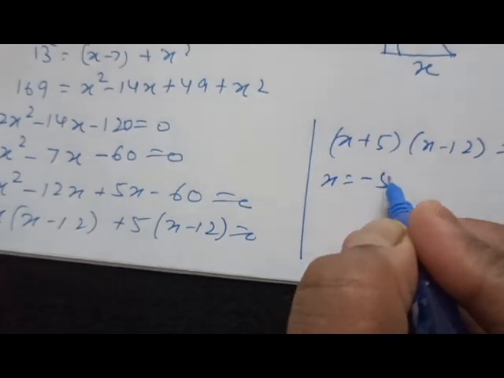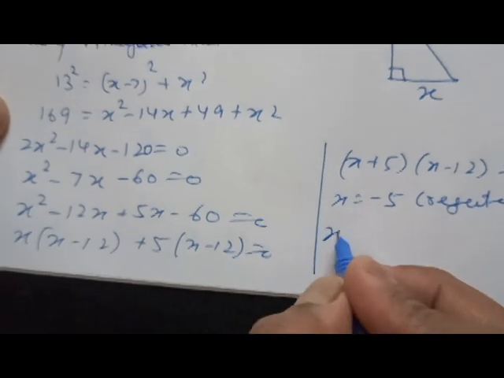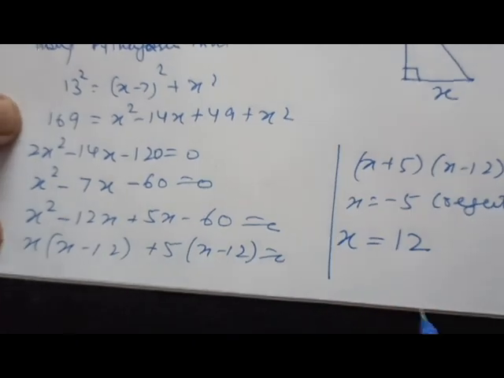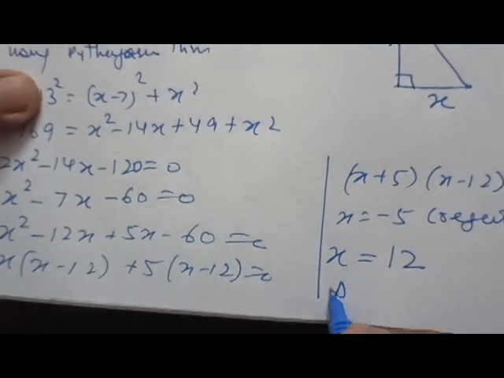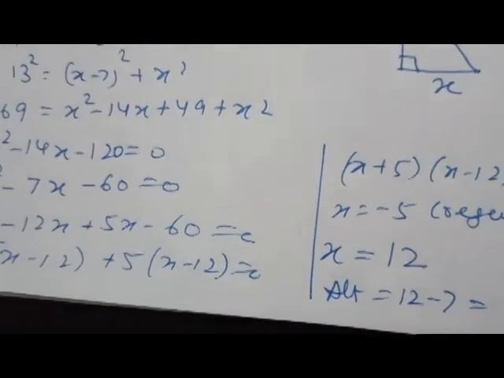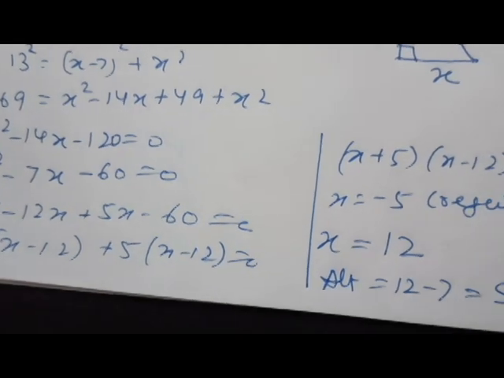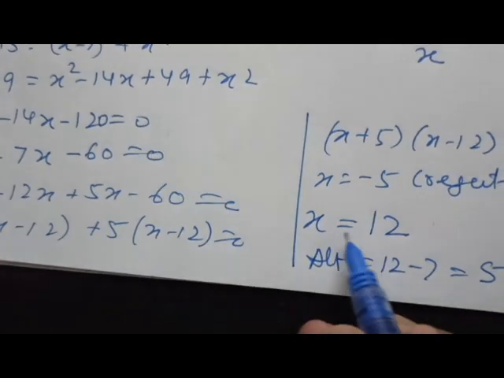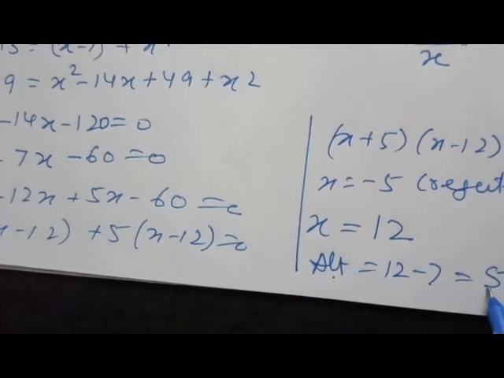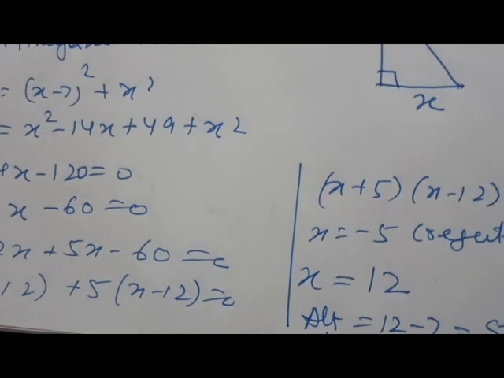X is minus 5, which will be rejected because the side cannot be negative. The answer is x is 12. So students, the base is 12 and the altitude will be 12 minus 7, which is 5. So we have got that the base is 12, altitude is 5. This is the way we have to solve this kind of question.